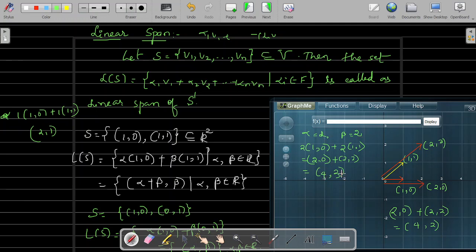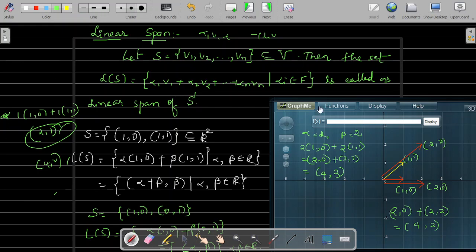That goes to (4, 2). So we have (2, 1), then (4, 2). Then change alpha and beta, any value you give for alpha and beta, you will get different possibilities, different answers. Collect all those answers, put them in this set, and that becomes the linear span.